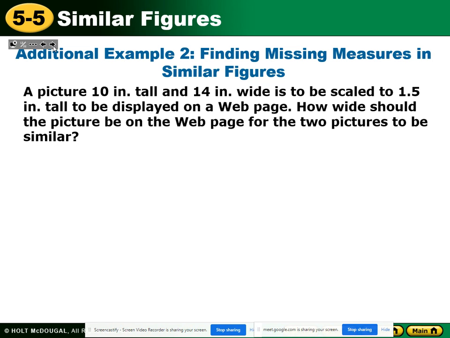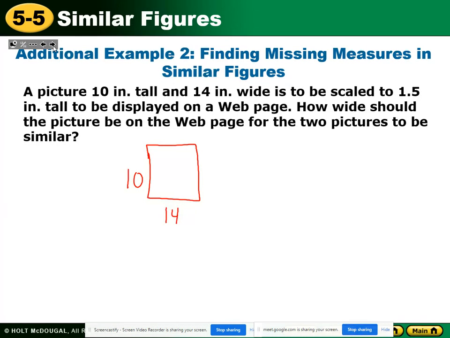Now we put it into new situations, okay? Draw pictures. You don't have to be artists, but draw pictures. A picture is 10 inches tall and 14 inches wide. So 10 inches by 14 inches. Okay?